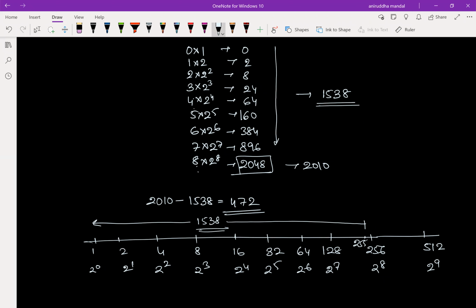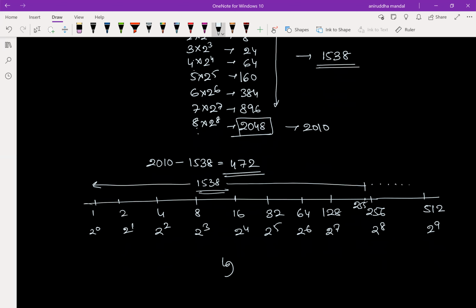Okay, so let's divide this by 8, which means from this number the value is 8. Okay, like this: log 256 base 2, plus log 257 base 2, 258 base 2, and so on.